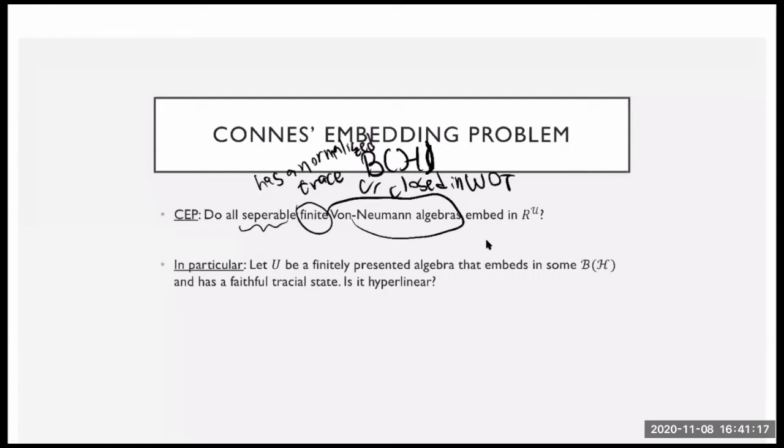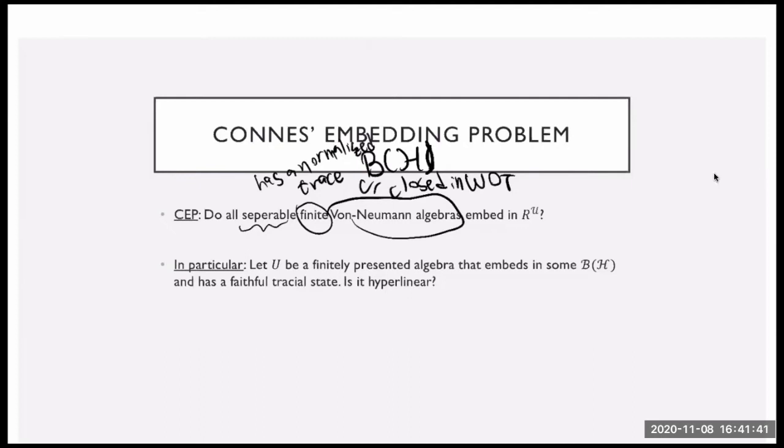So maybe I will say what is the case. Because you assume separable here, you only need to take ultrapowers of R, like a countable ultraproduct. You don't need to go beyond Aleph 0, but you might ask which ultrafilter we choose.